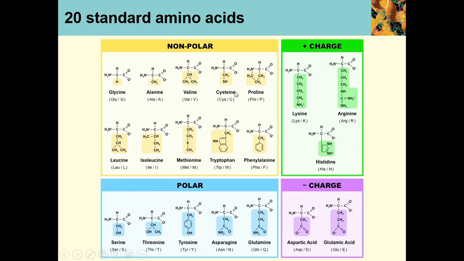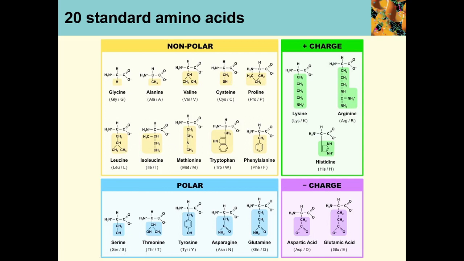We discussed last time their classification into non-polar, positively charged, polar, and negatively charged. This is brought by the differences in the side chain. As you can see, the side chain will dictate the identity of your amino acid as well as the properties of that particular amino acid.